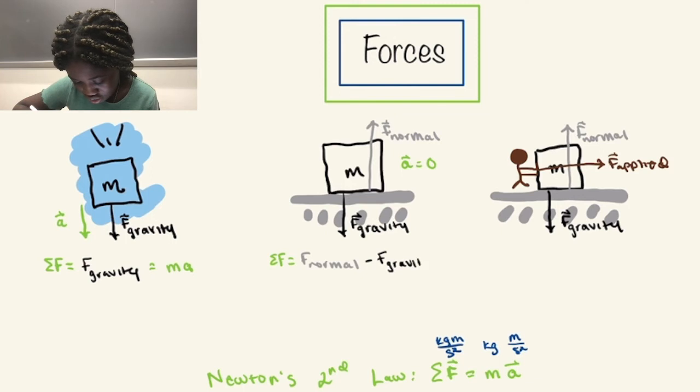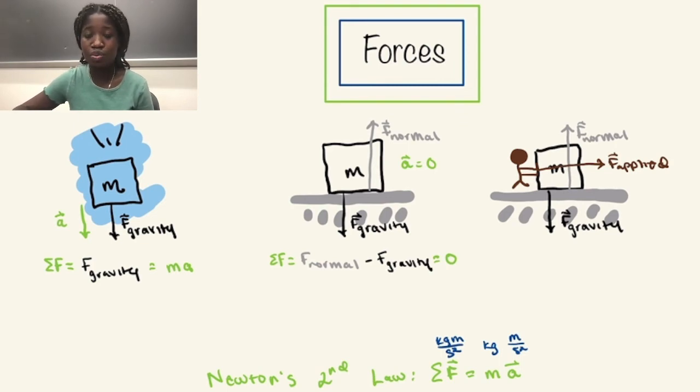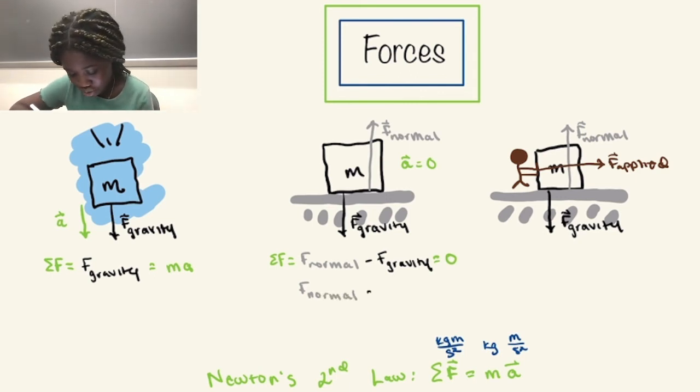And this equals 0 because acceleration is 0. Now we subtracted gravity because it is working in the opposite direction as the normal force. And from this, we can see that the normal force and the gravitational force are equal in magnitude but opposite in direction.